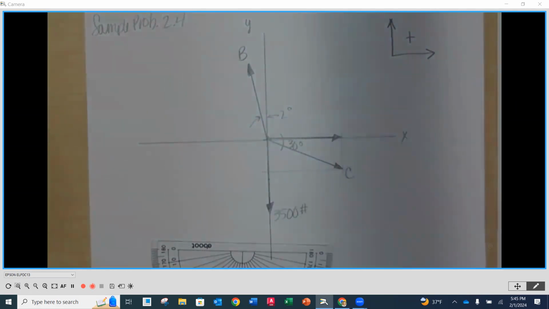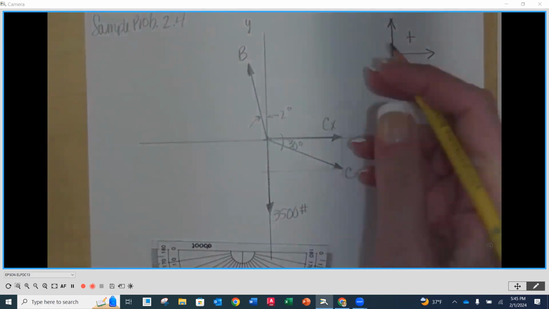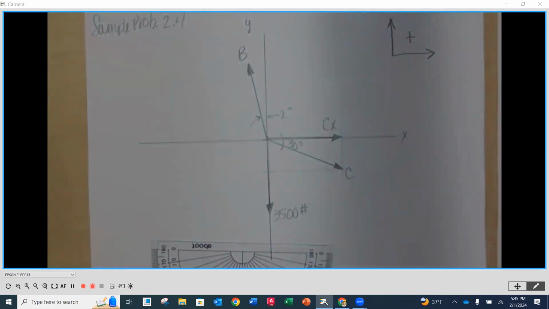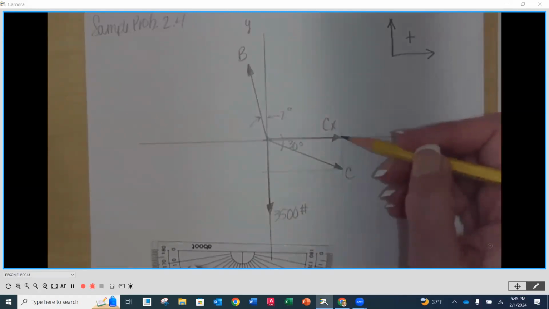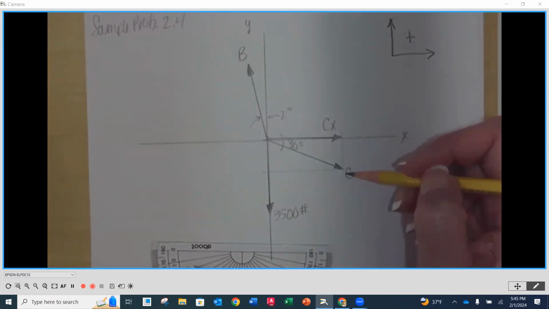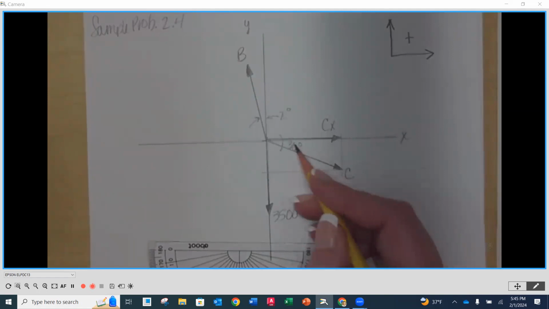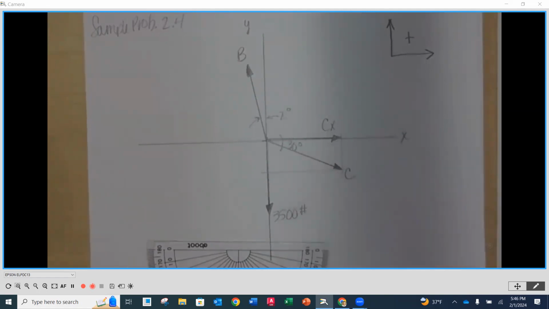This is just something to pay attention to in details. Remember, I'm not asking for perfection on your diagrams. Mine certainly are not. But if you have an X component, line it up with the end of that vector. Does that make sense? Then it's easy to see. If you just randomly put an X and it's past it or not all the way over there, take time to put those little details in, please.